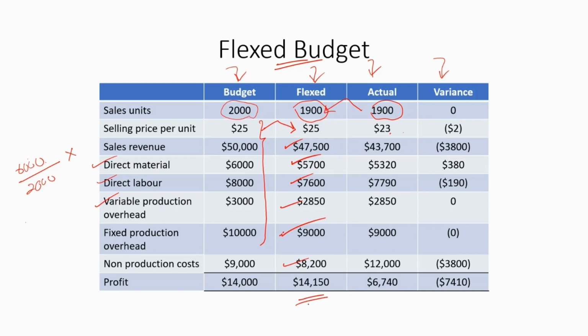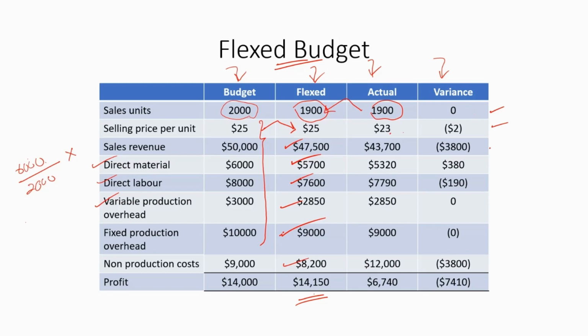Now we can compare the flexed amounts and the actual amounts in order to calculate the variances. Variances are the differences between the flex and actual amounts. So the sales units variance will be 0 because we changed the sales units into 1900 under the flex budget. The selling price per unit is negative $2.